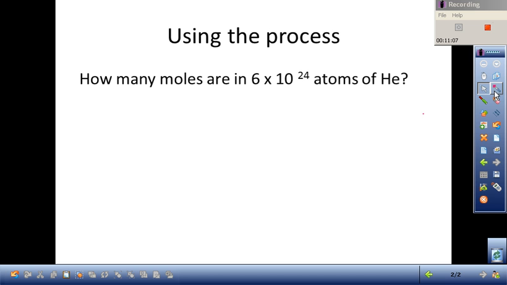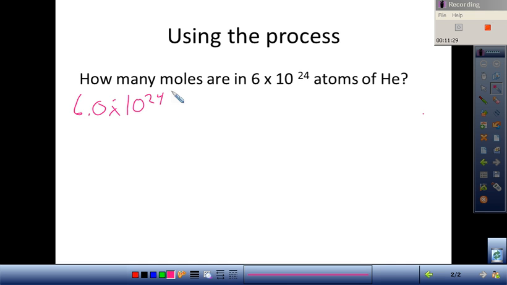Alright, so now let's use that with the process. Remember the process. Step number 1, write the given. How many moles are in 6 times 10 to the 24th atoms? My given is the number of atoms. But I don't want atoms.